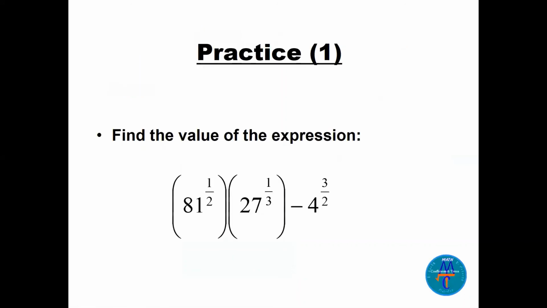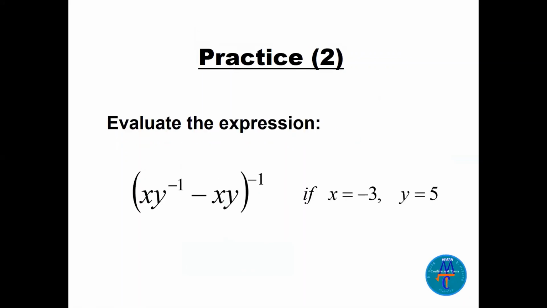Now, I will leave this for you. Find the value of this expression. This is practice number 1, nice to practice. And then another expression, practice number 2, xy to the power minus 1 minus xy all to the power minus 1. Take x is minus 3, y is 5. Just a little remark here. See this power minus 1 only on the y, not on the x.